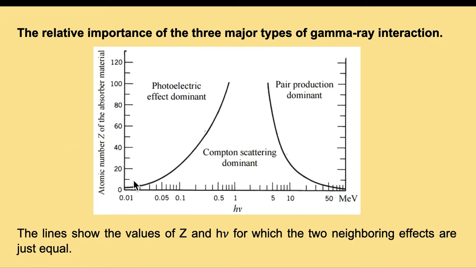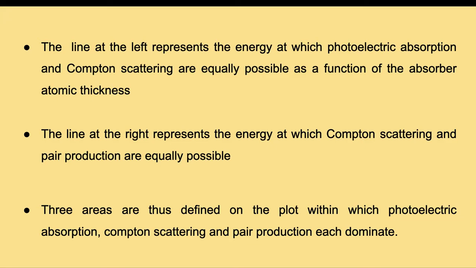So you can see that we have mentioned that the photoelectric effect increases with atomic number. The line at the right represents the energy at which Compton scattering and pair production are equally possible. Three areas are thus defined on the plot within which photoelectric absorption, Compton scattering and pair production each dominate.